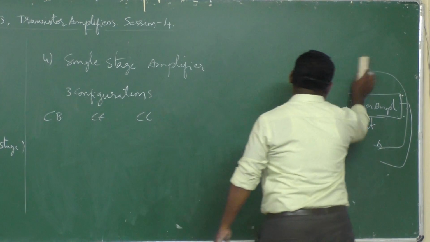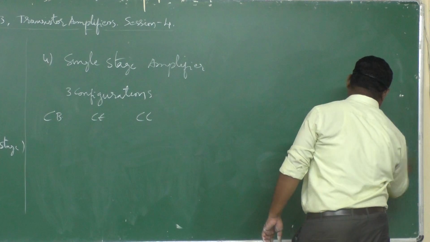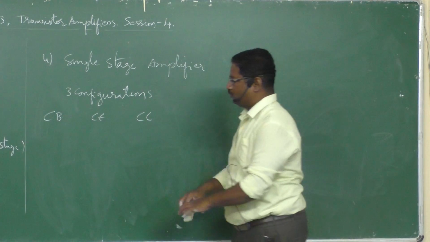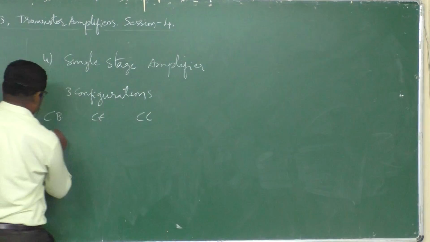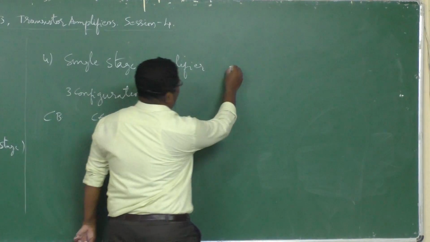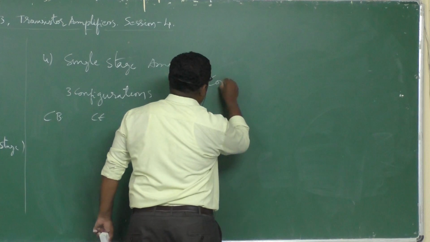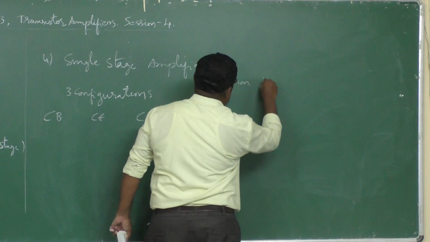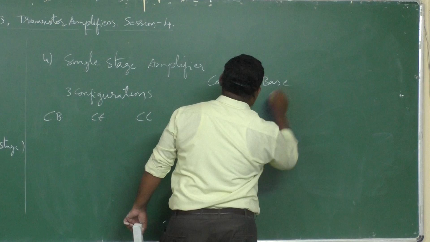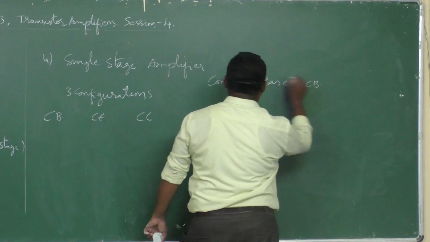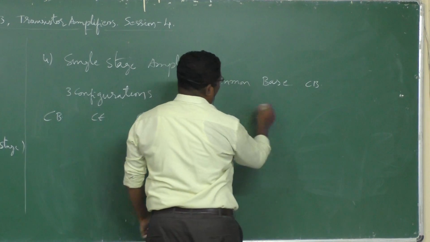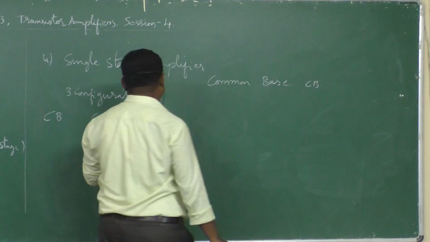So what do you mean by common base, common emitter, and common collector? How is this common point chosen? CB stands for common base, common emitter, that is CE, and common collector, that is CC.